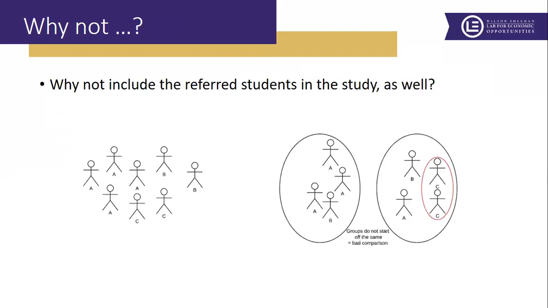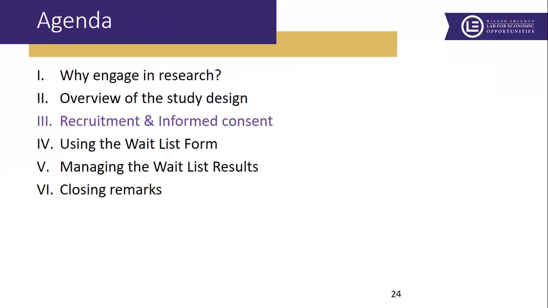So again, you don't want to start off with one group that has higher risk kids with higher educational needs and compare them over time to a group that has children with slightly lesser needs or lesser educational delays, whatever they're dealing with, that didn't get the attention and the recommendation of the principal. So that's why we've settled on that research design.